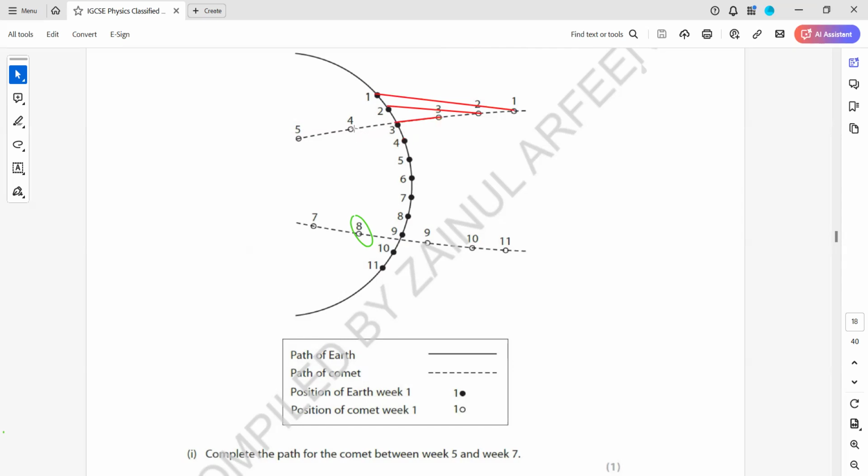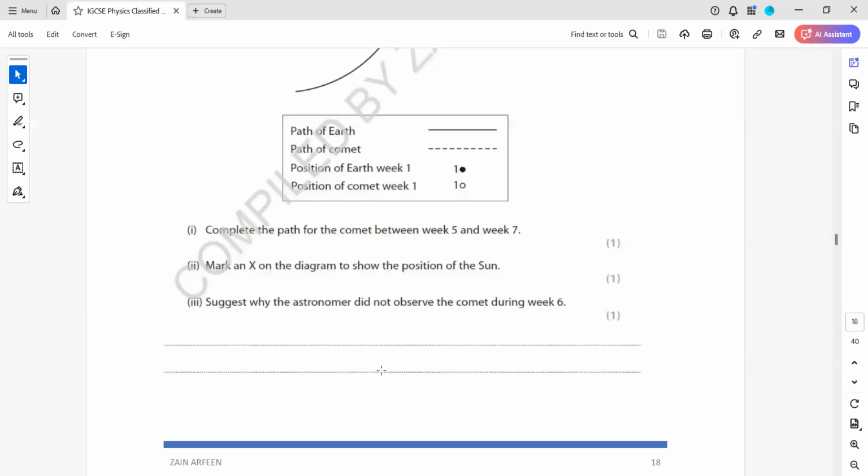This will be week 4. Week 5, week 6 will be here. And week 7, week 8, week 9. And then week 10, and then week 11. Which is the shortest distance? Week 9. So week 9 is the shortest distance, so week 9 is the right answer.